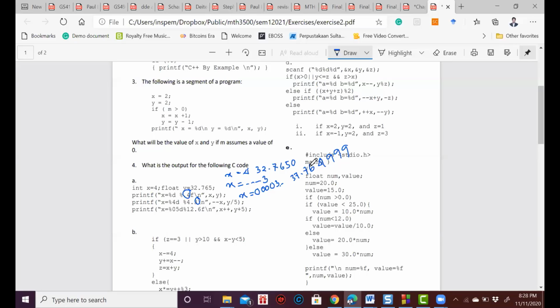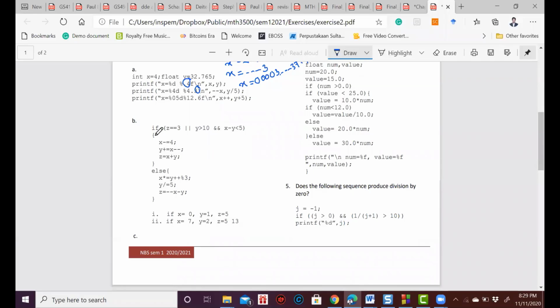All this is 12. 1, 2, 3, 4, 5, 6, 6 point. 1 to 9, then 10, 11, 12. There are 3 spaces in between these. So 12 here is all together from this one to this one. Okay, that's all.